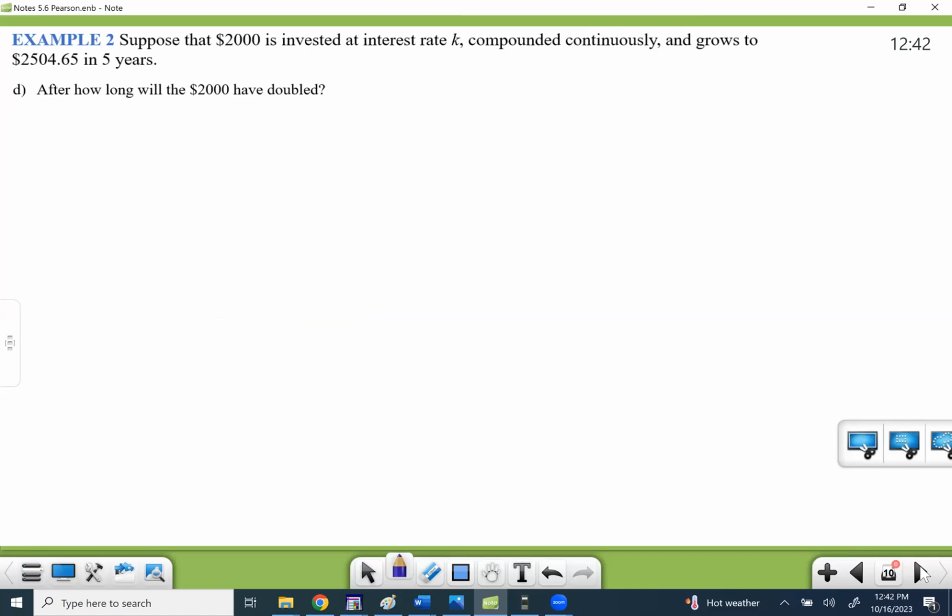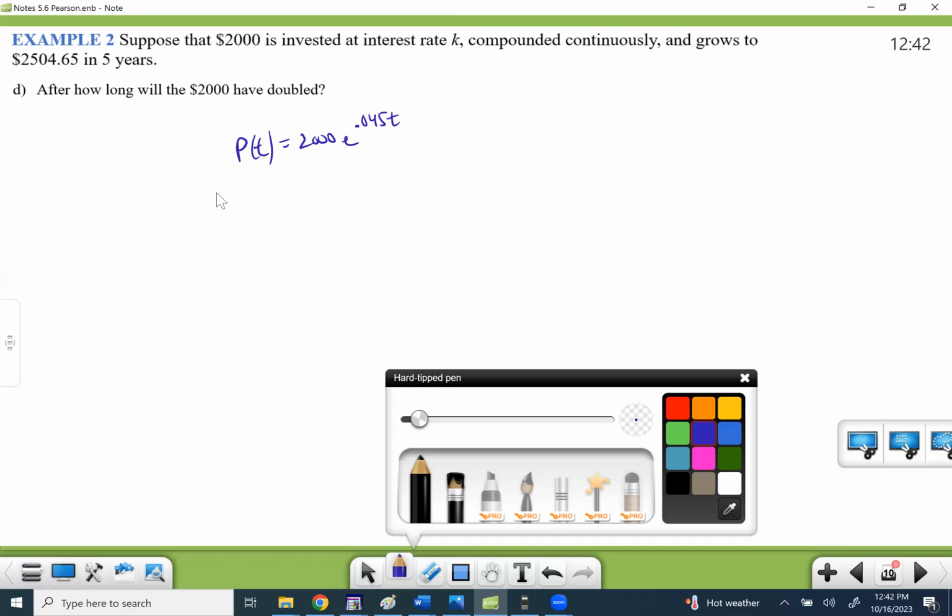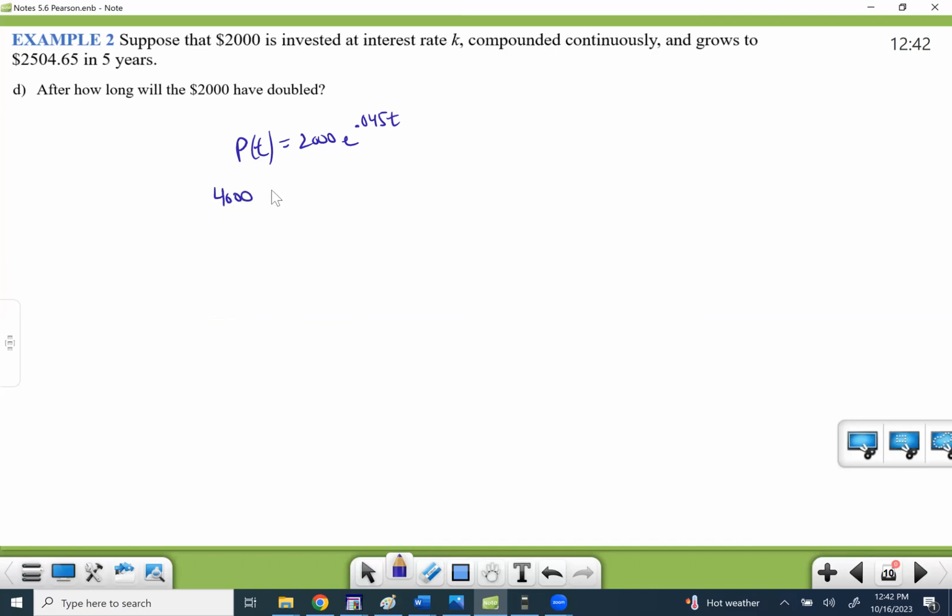After how long will the 2000 have doubled? Okay, so here's our equation. Now, if it's doubled, we started off with 2000, so now we should have 4000.